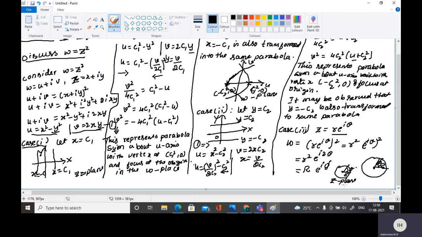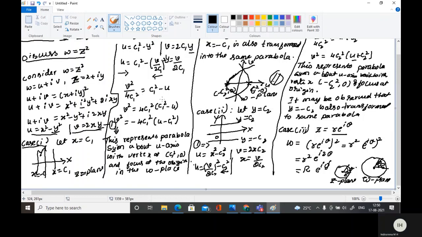So this is the z plane where we consider a circle, and we got a circle in the w plane also, but with radius r square and angle 2 theta. Here we considered straight lines parallel to the x-axis and y-axis, and we got parabolas in the w plane as their images.